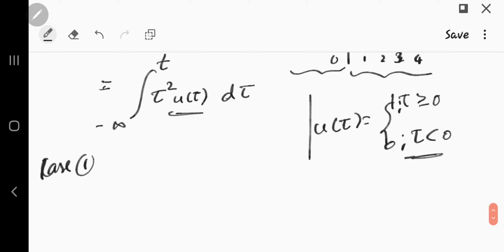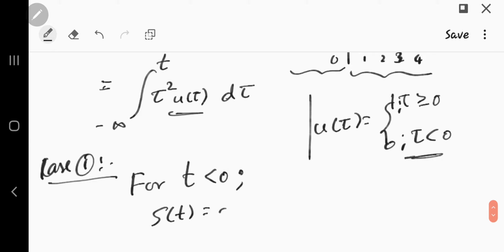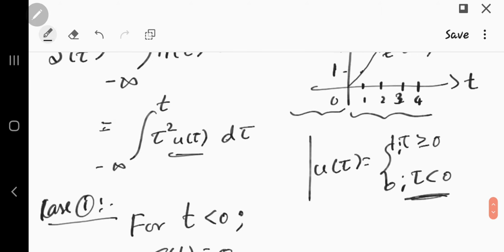For case 1, for t less than 0, s of t is equal to 0. Because if you substitute values less than 0, this entire signal is 0 here, therefore s of t will also be 0. Okay.